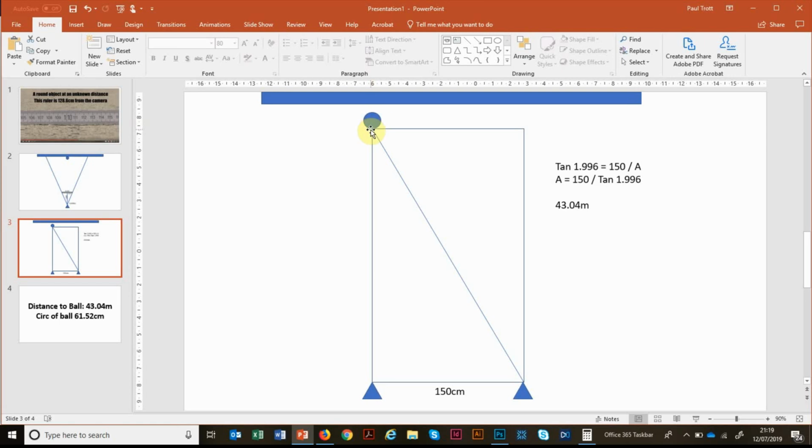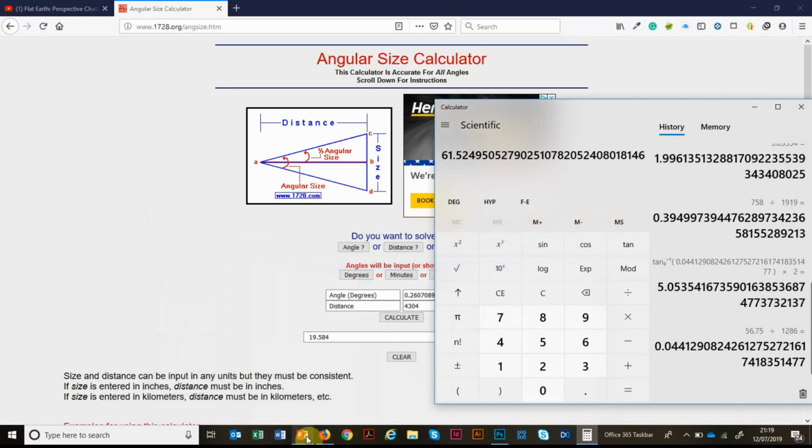But with a 20 centimeter diameter ball at 43 meters away, that extra 10 centimeters of distance is not going to make a massive difference. But when it moves across the screen, you'll get a slightly different figure because of parallax. The front will move a little bit further than the side.